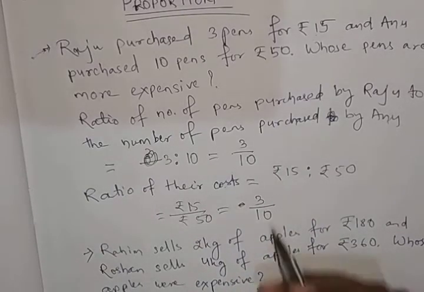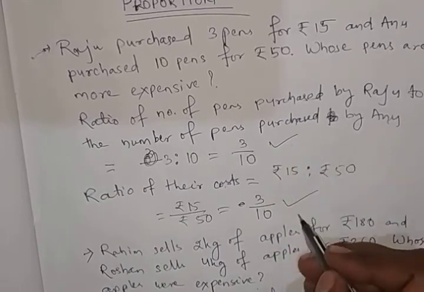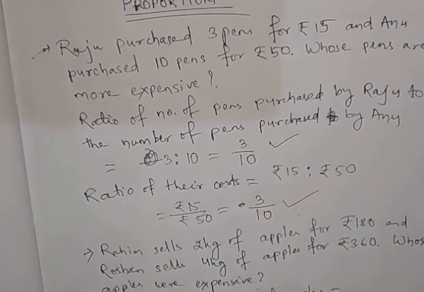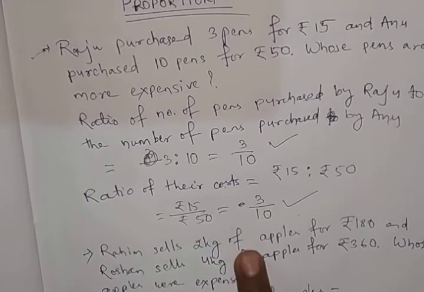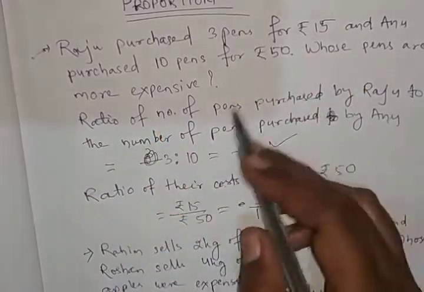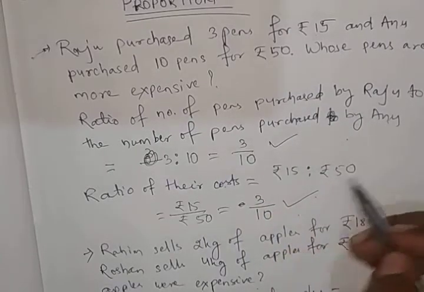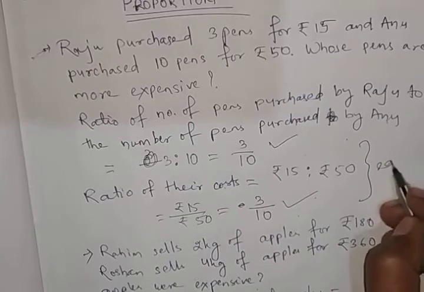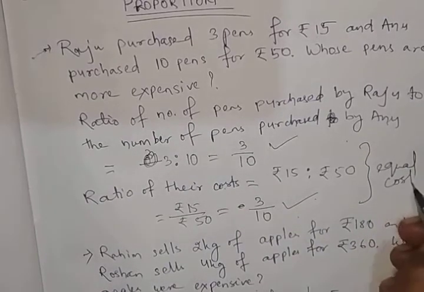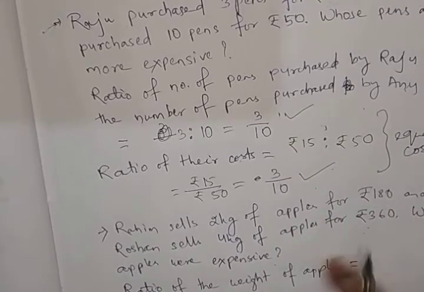So look here, the two ratios are equal. Two ratios are equal means these two pens have equal cost, because they have the same ratio. Neither one's pens are more expensive.